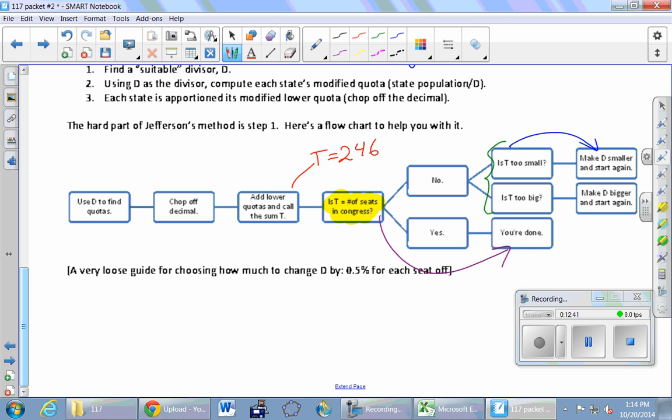Let's just play this game for the example that we did up there. How many seats off were we? 4. So 4 seats. And then each one is 0.5%, so 0.5 times 4 gives me a 2% difference. Everybody see that? So then 2% of what? 2% of the 50,000.